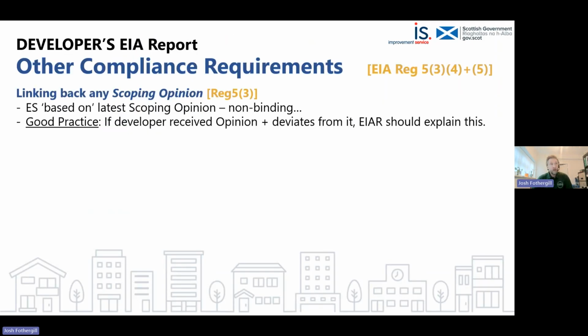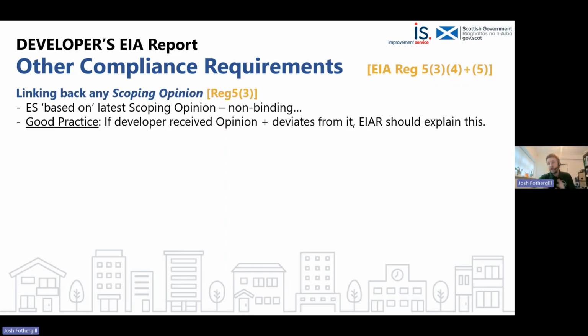So other compliance requirements that exist in relation to the submitted EIA reports. If there's been a scoping opinion, so if the developer voluntarily asked you for a scoping opinion, then the EIA report needs to be based on the latest scoping opinion. That isn't totally binding. It doesn't have to follow it to the letter, but it has to be based on it.